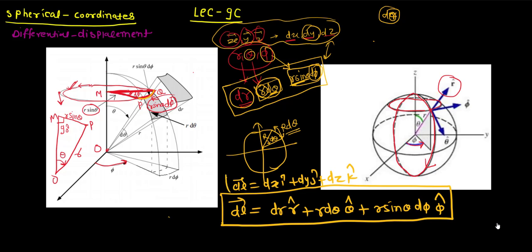This was the differential or displacement vector in the Cartesian coordinate. But in the spherical coordinate, we would not simply have dr plus d theta plus d phi. We have the scaling factors along with d theta and d phi, which are r and r sin theta. So this displacement vector we have got.